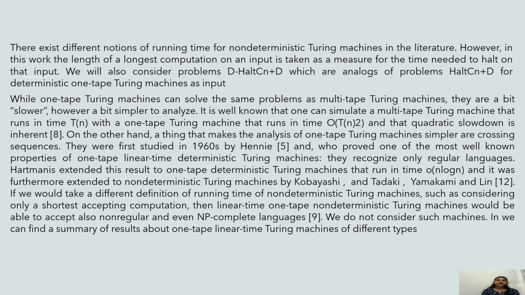If we took a different definition of running time for non-deterministic Turing machines, such as considering only the shortest accepting computation, then linear-time one-tape non-deterministic Turing machines would be able to accept also non-regular and even NP-complete languages. We do not consider such machines. Here is a summary of results about one-tape linear-time Turing machines over different tapes.